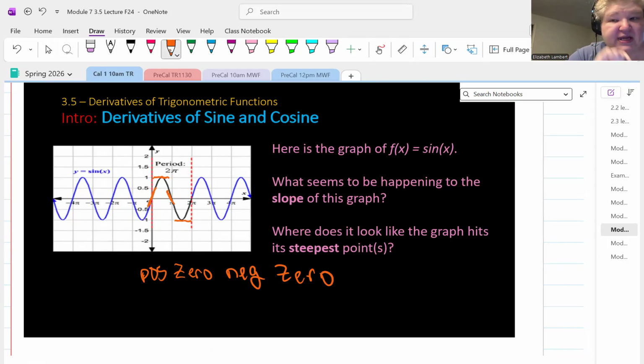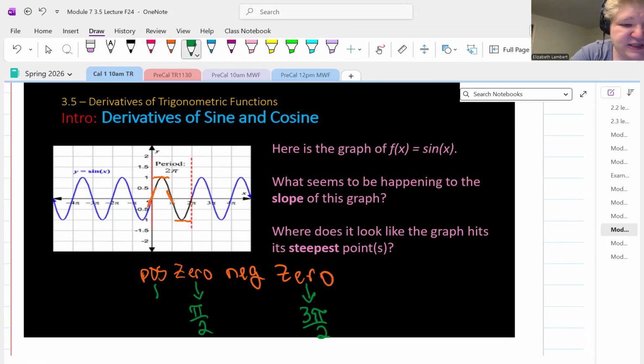And we know for sure that the zeros are occurring when we look at a sine graph. You can see the 0 points on the graph, the x-intercept points are at 0 and pi. So that peak point is at pi over 2. And then this other peak, the low point rather, the valley, occurs at 3 pi over 2.